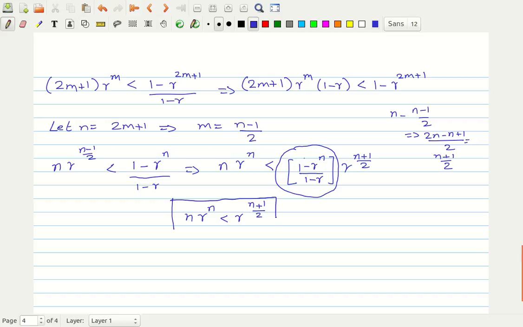They are asking that if I make n tend towards infinity, what is n r to the power n tending towards?